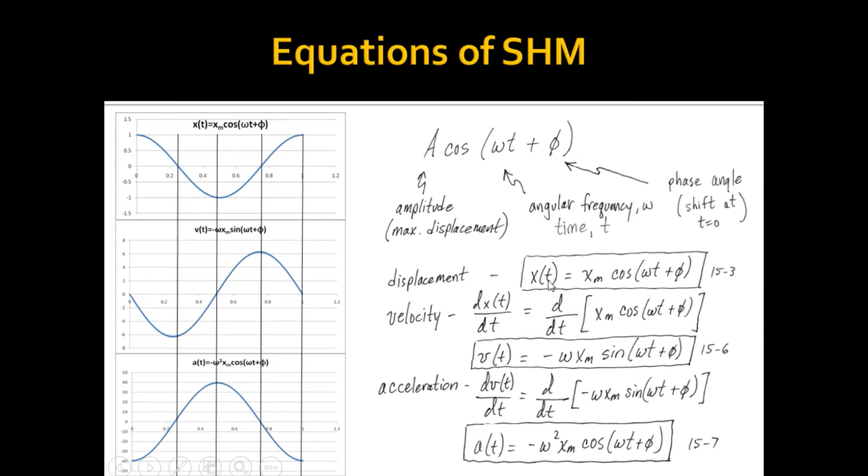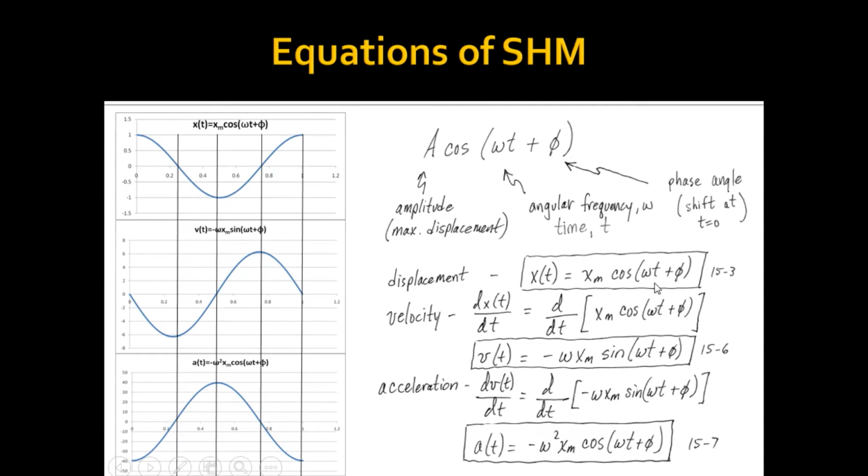This equation is the general form of the equation for a sinusoidal waveform. So specifically for displacement, the amplitude is x max, the maximum displacement in the x direction. So position x, or displacement x, as a function of time is equal to the maximum displacement times the cosine of omega t plus phi.